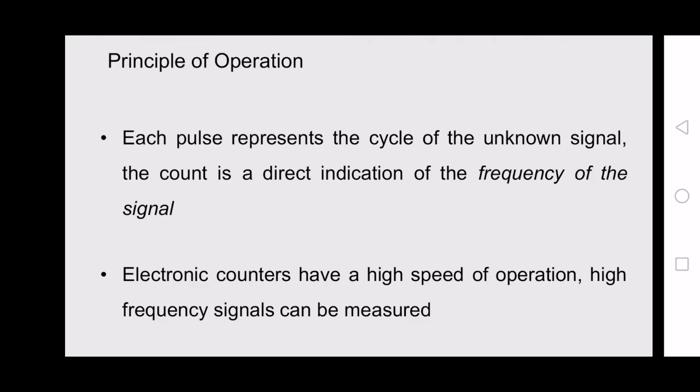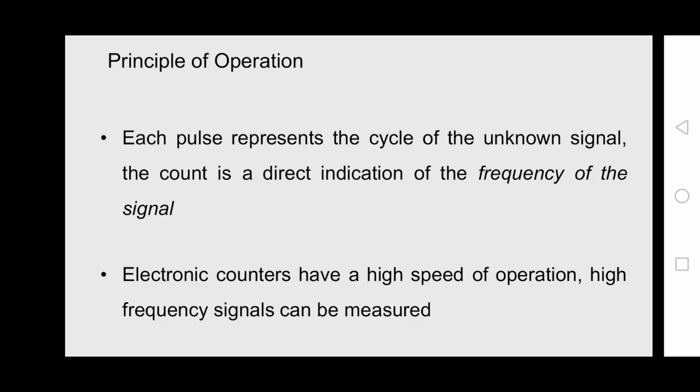Then the number of pulses occurring in a definite interval of time. That definite interval of time is applied to another input terminal of the AND gate, then counted by the electronic counter.